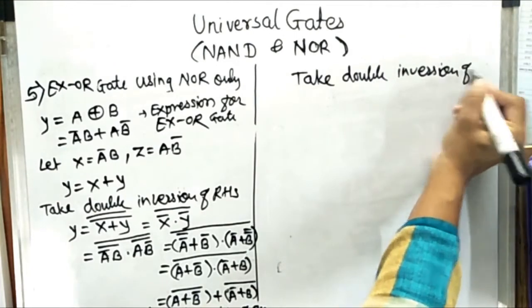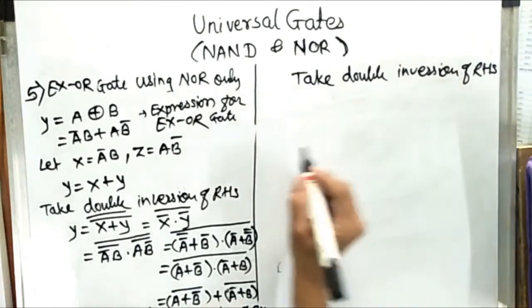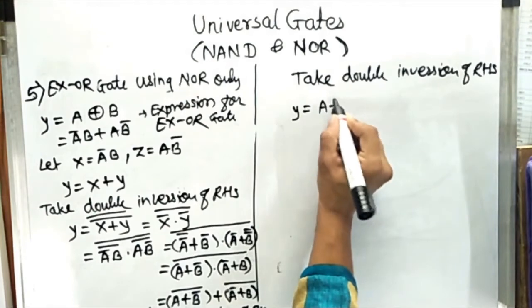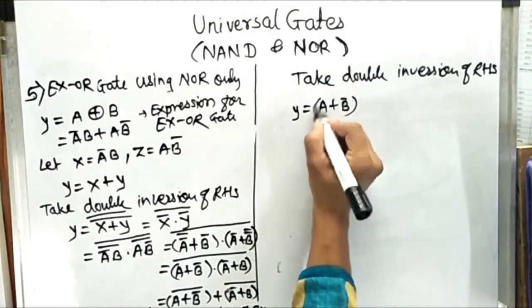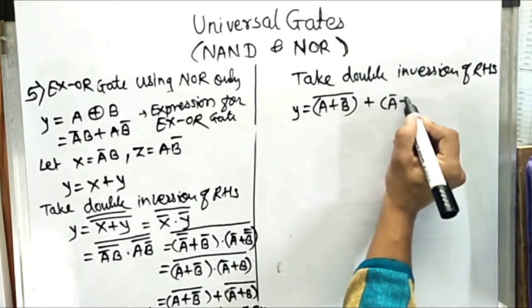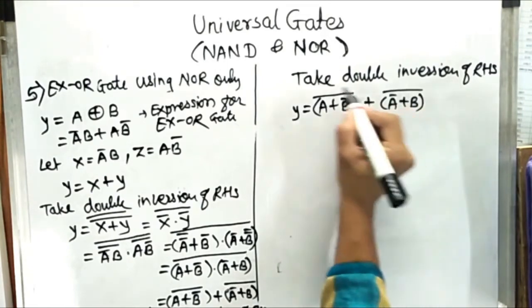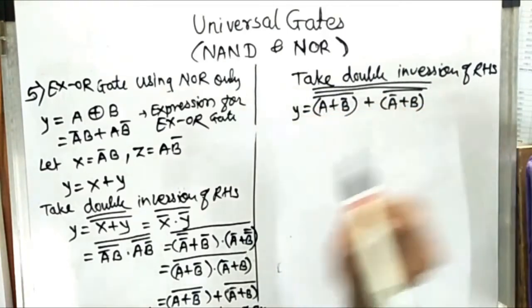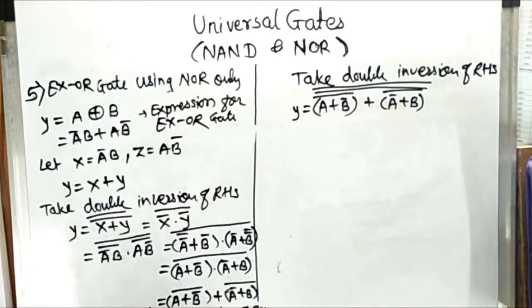Inversion of RHS. So we get here Y equal to A plus B bar complement plus A bar plus B complement and the double complement. So this is the required expression for XOR gate using NOR only.